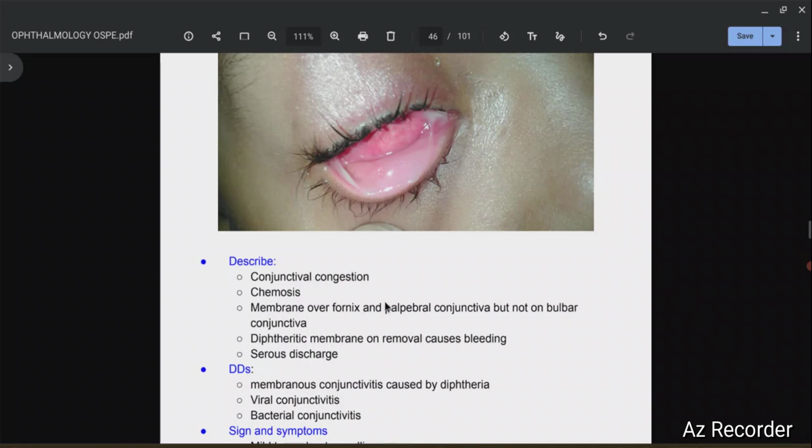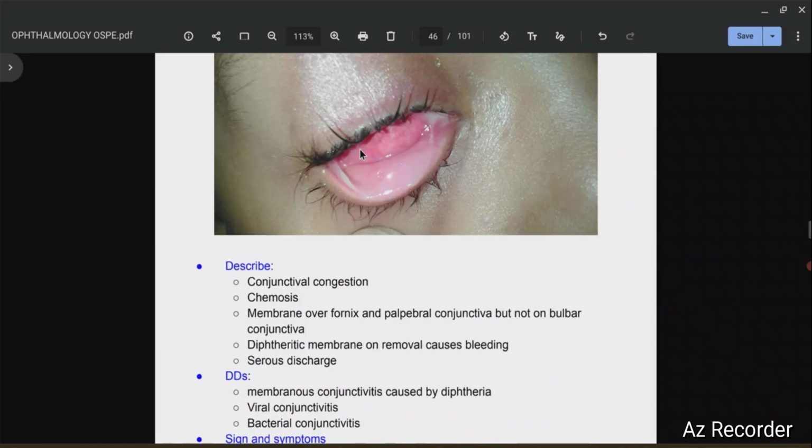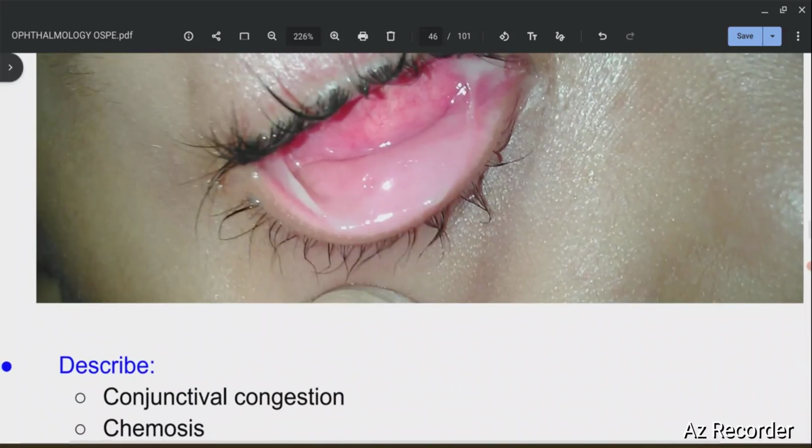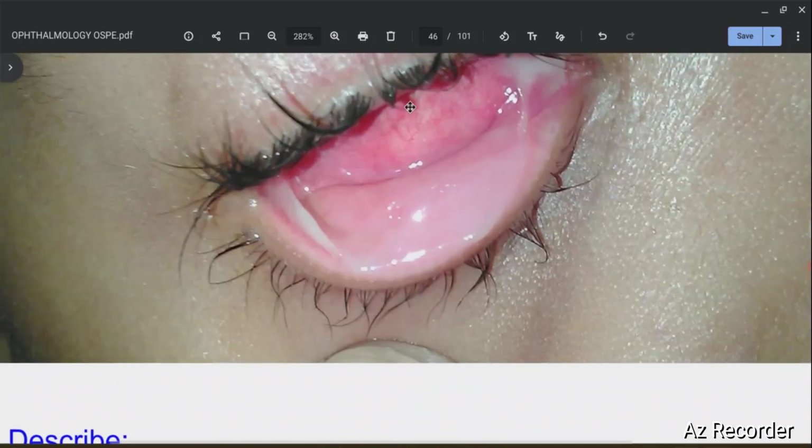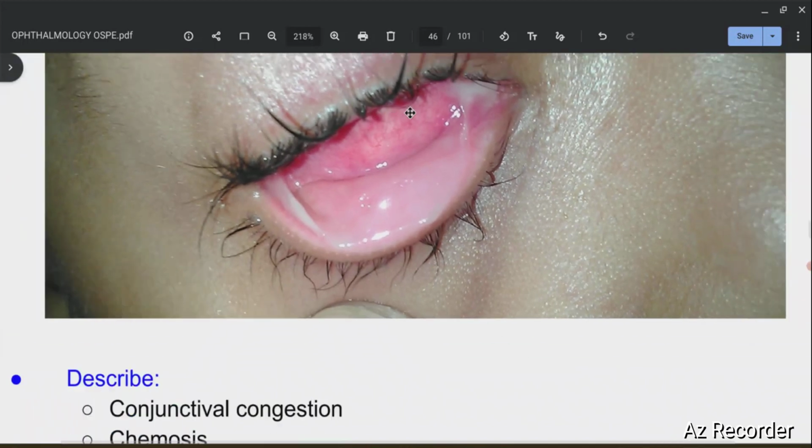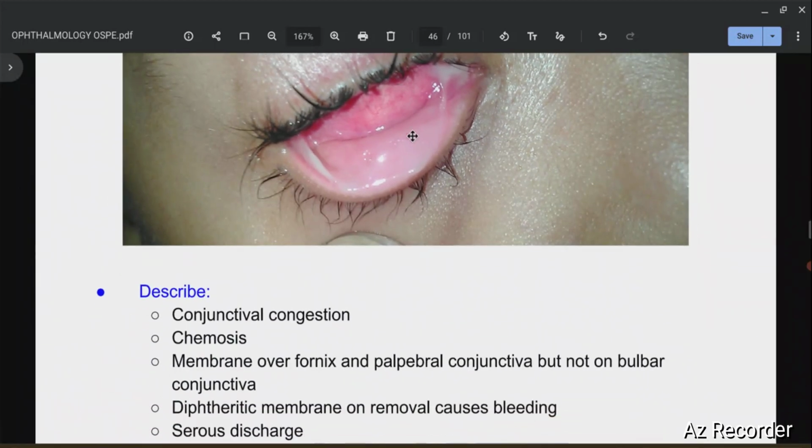There is membrane over the fornix and palpebral conjunctiva, but not on the bulbar conjunctiva. You can see the vascular pattern, which is obviously not present on the membrane but is present on the eye itself.